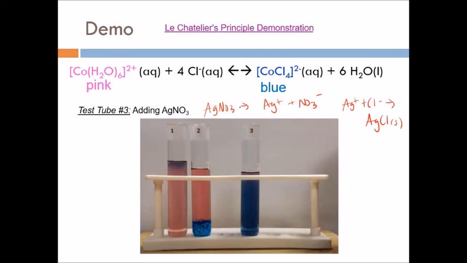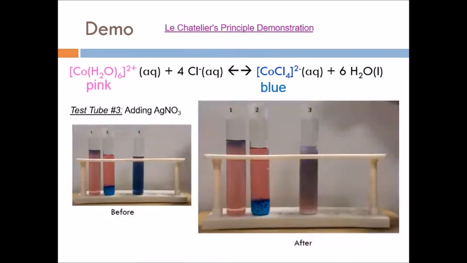So if I'm adding silver to my system, it's going to combine with my chloride, essentially removing it from the system, and therefore it's going to shift to the left and create more chloride. The other thing to notice here at the bottom, you see the white precipitate, and the once blue solution over here is now turning more pink. But you also do see the precipitate at the bottom, that is the silver chloride.